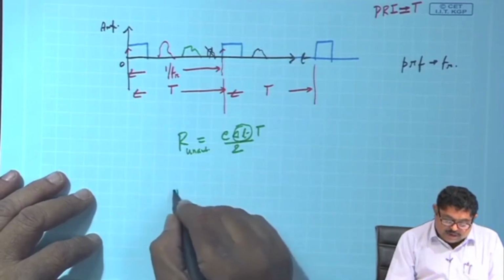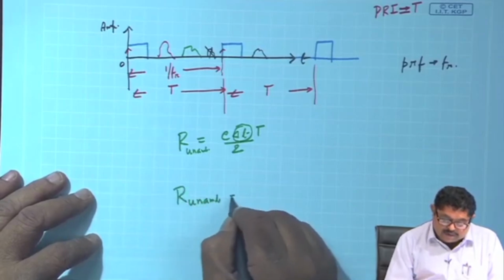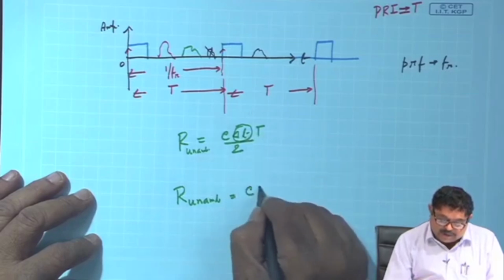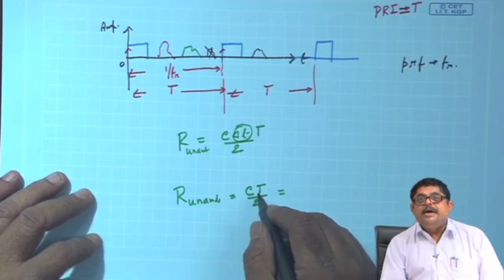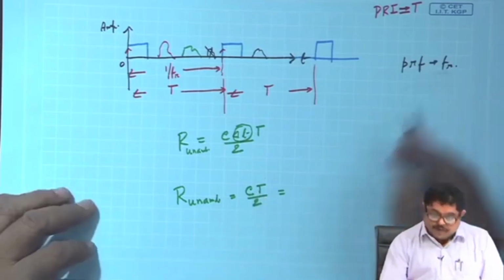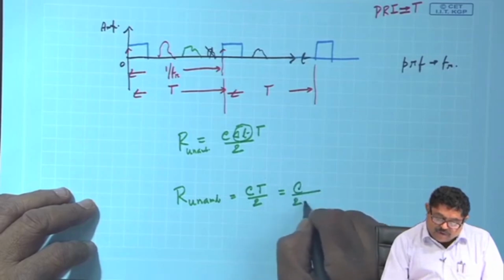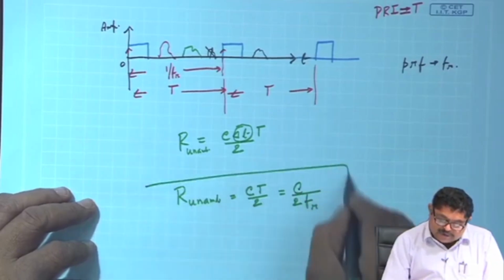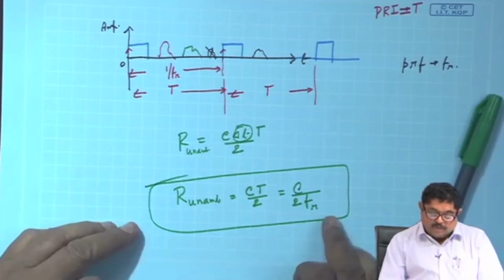So, R unambiguous maximum is C T by 2. T is not usually specified for radar, so in terms of FR, this is nothing but C by 2 FR. This is another important parameter of radar, the unambiguous range.